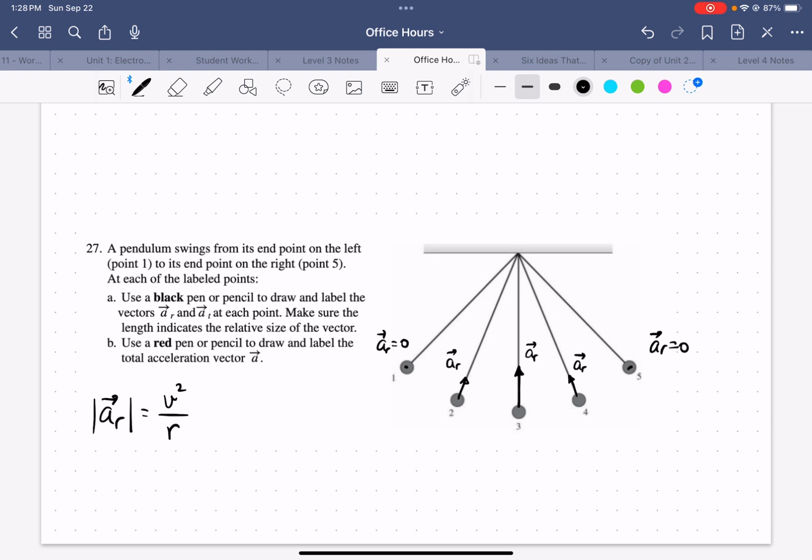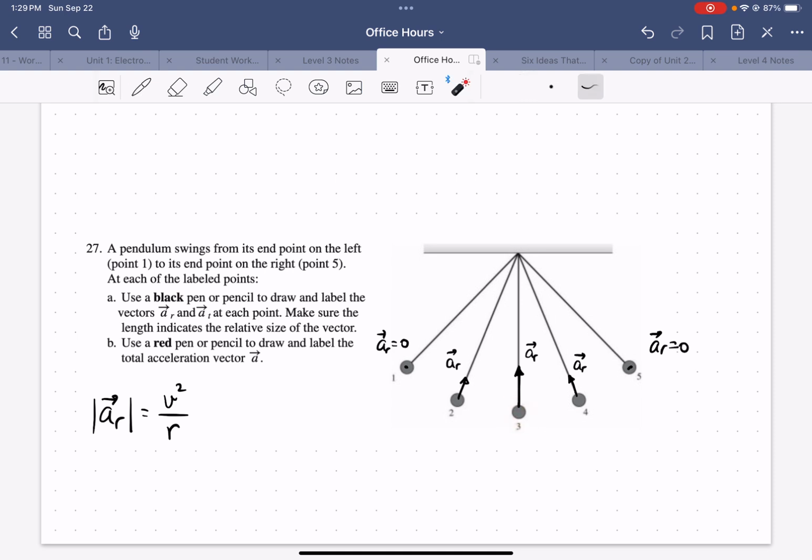For the tangential acceleration, that is going to be related to how quickly the pendulum is gaining speed. Now, at this point in the curriculum where this exercise shows up, forces have not been discussed yet, but we can make just a purely mathematical argument here. We know that the speed of the pendulum is maximum at point 3. So from a calculus standpoint, anytime you're at a maximum value, its rate of change is 0.